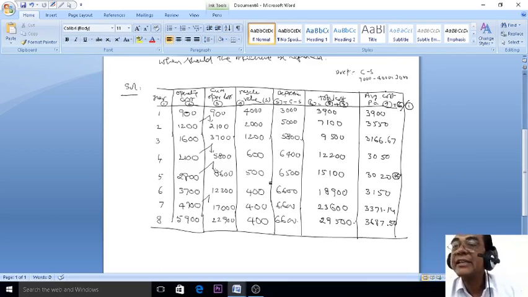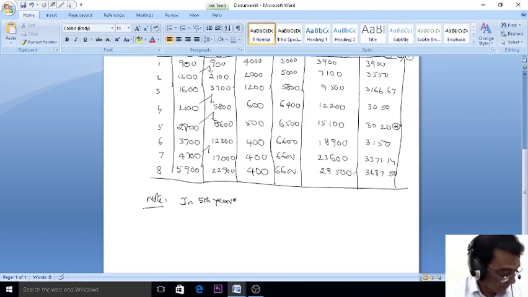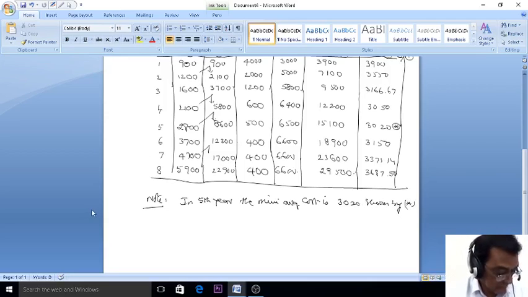So you have to write the statement. What is the statement here? You have to replace every 5 years. So note: in the fifth year, the minimum average cost is 3020, shown by star in the above table.